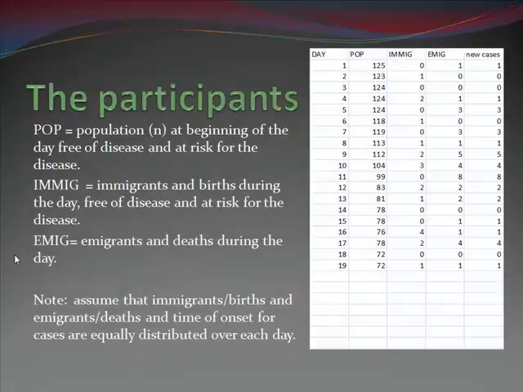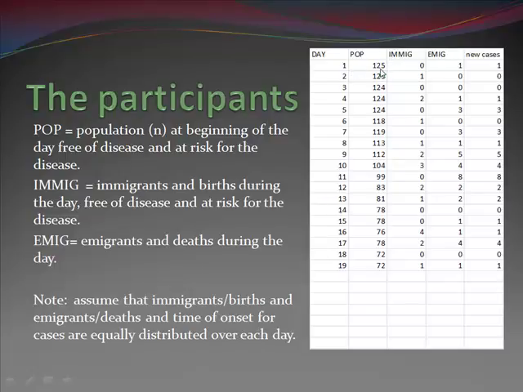So our participants in this particular hypothetical situation will be 125 people starting on day 1, and we are going to observe them. So our original population is right up here, 125 on day 1, and they are all free of disease.